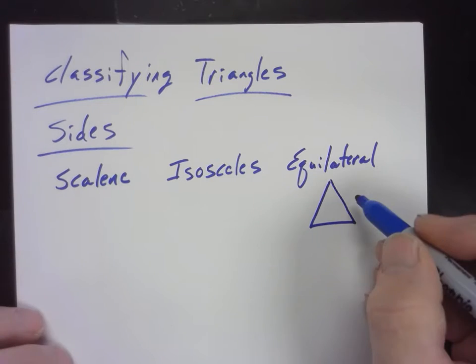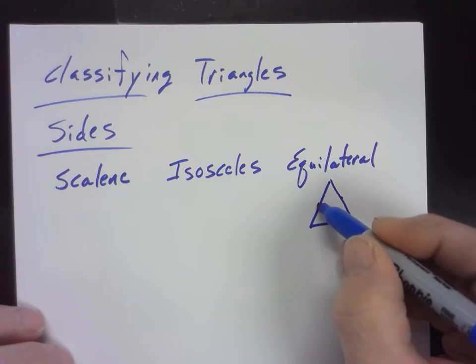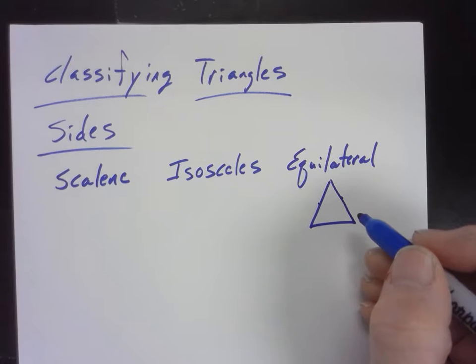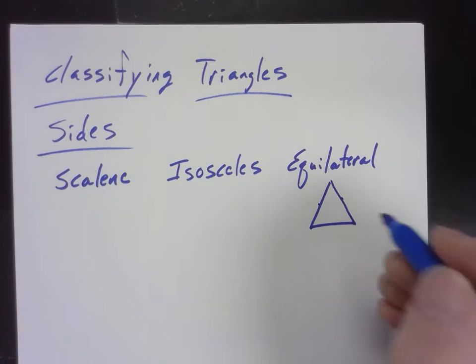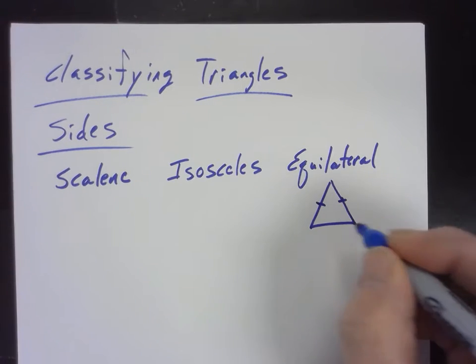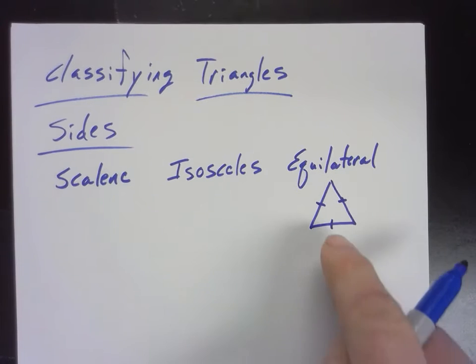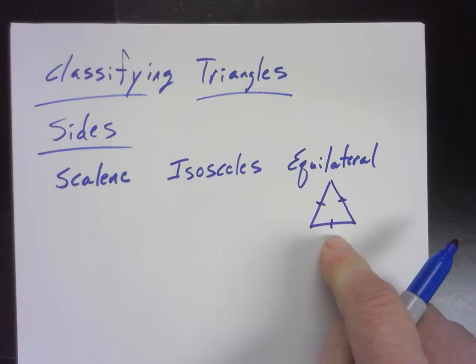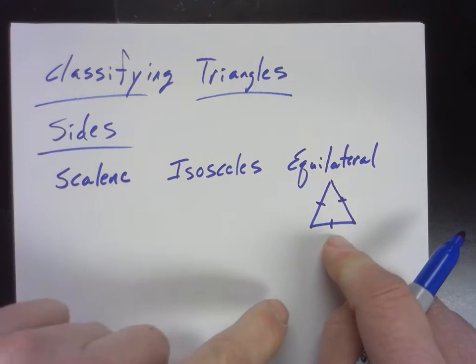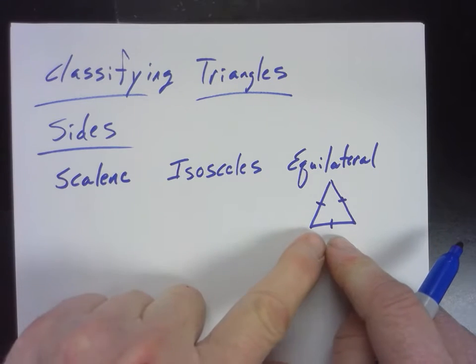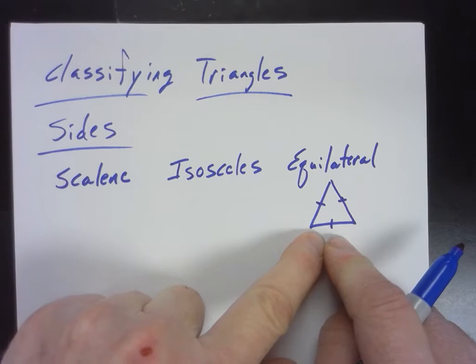No, this side is not the same as this side. They have the same measure, the same lengths, or they're congruent, we can say. So this triangle is equilateral, but it's also isosceles, because at least two of its sides are congruent.